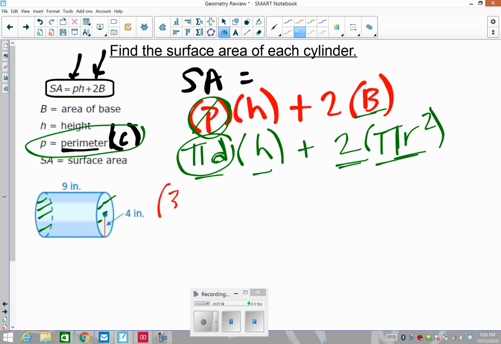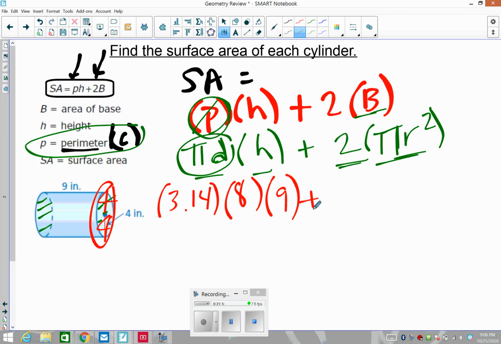So it's 3.14 times the diameter, which would be 4 plus 4 would be 8. The height is 9. Just think of the can that the can is kicked over. Plus 2 times pi r, the r is 4 squared.